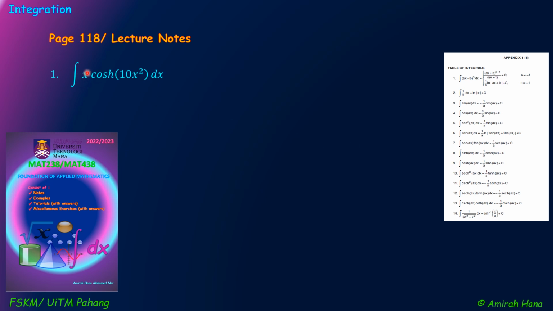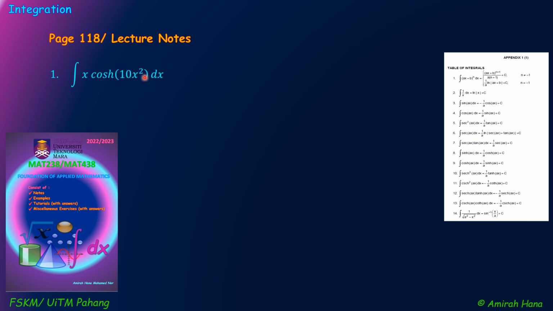We have formula for integration of cosh ax dx. So kita ada formula untuk integrate cosh. So bila ada formula dalam appendix, kita akan guna u substitution, and u yang kita pilih adalah dia punya argument ni, 10x squared, kita punya u.